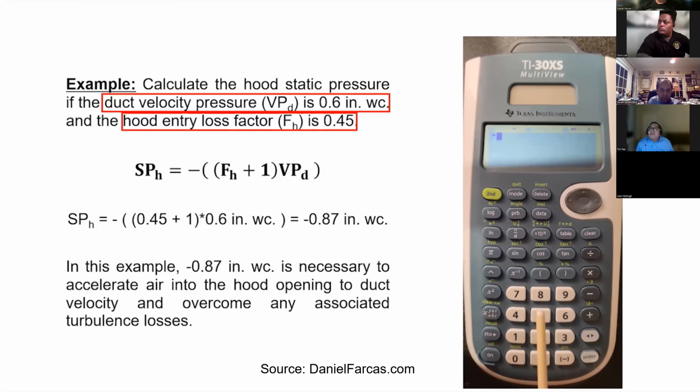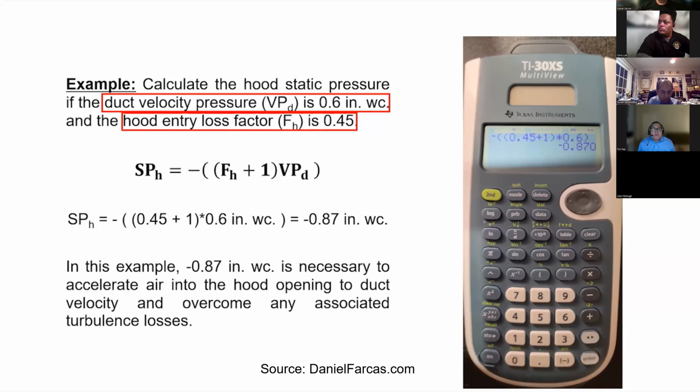First we have minus, open parenthesis, again, 0.45 plus 1, close parenthesis, times 0.6, close parenthesis, which equals 0.87 inches water column. In this example, minus 0.87 inches water column is necessary to accelerate air to hood opening to duct velocity and overcome any associated turbulence losses.